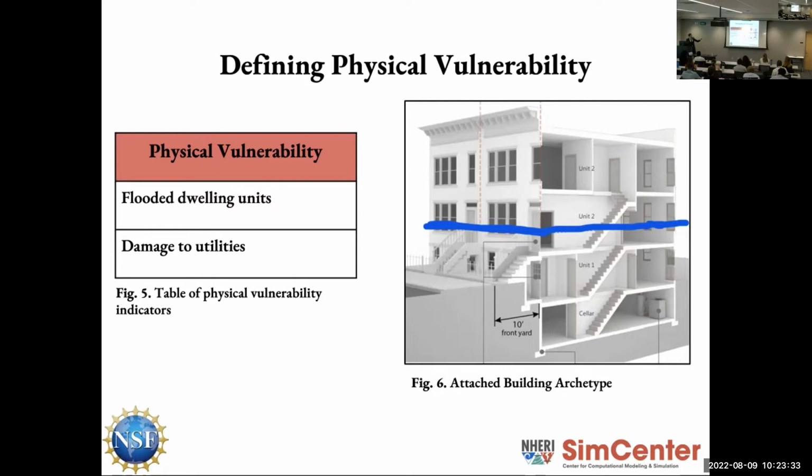So very low flooding, and it would also be a loss to this dwelling unit. The thresholds assigned to those were 0 feet. So as soon as the flooding exceeded 0 feet, we assumed that the utilities were lost and the dwelling unit was lost. And those are each separately 1 point.